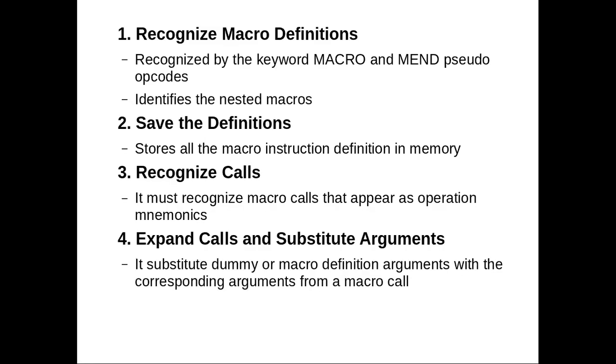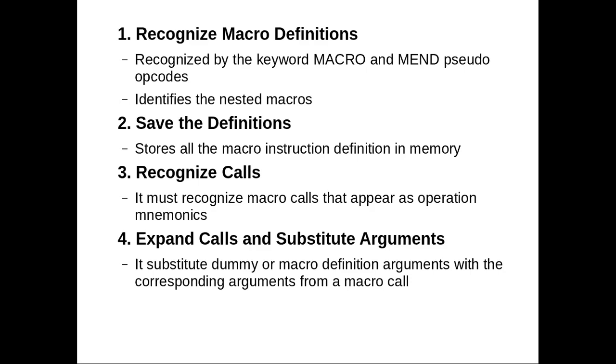What do you mean by recognizing macro definition? How can a macro processor recognize macro definition from a program? We have already seen the syntax of the macro definition. Macro definition starts with the pseudo opcode macro and ends with the pseudo opcode mend. By looking for these pseudo opcodes, macro processor can recognize the macro definitions.